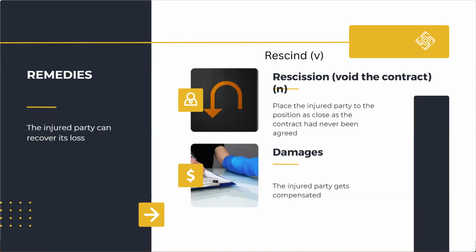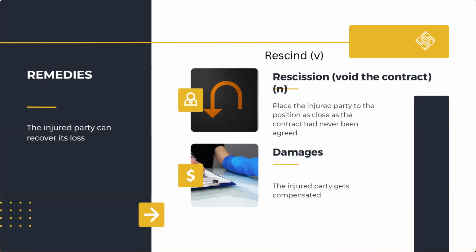And they try to place the injured party in a position as close as possible as if the contract had never been agreed. So, in other words, the contract is deemed as having never happened.